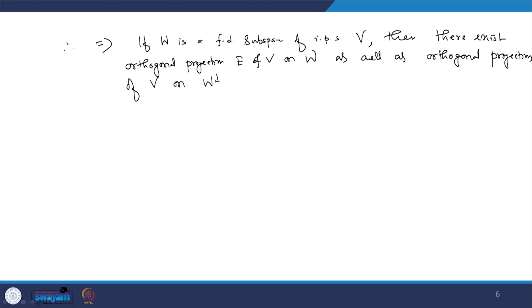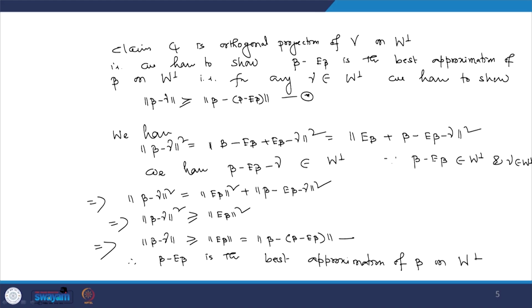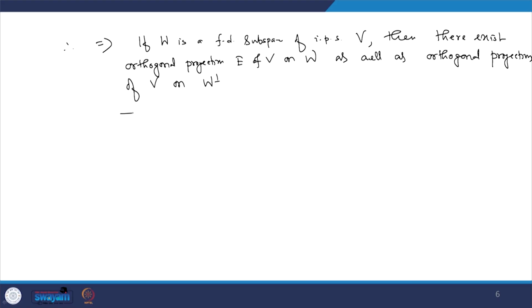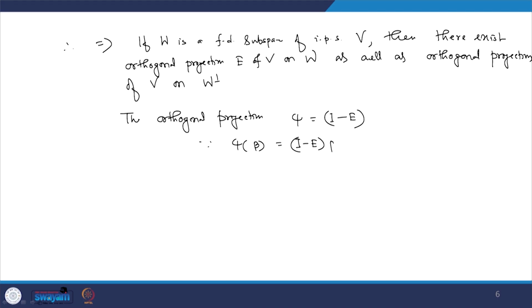The way the orthogonal projection psi is defined here, psi is basically I minus E, because psi of beta is equal to I minus E operating on beta, that is equal to beta minus E beta.